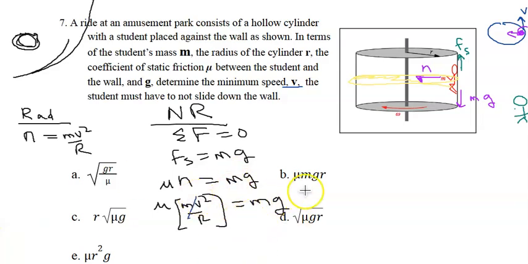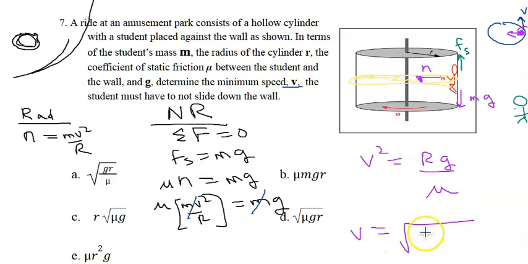Okay, and then mass cancels, which is great. So it doesn't matter if it's a little kid or a big person on the ride. We want to solve this for V. So we get V squared equals RG over mu. So V is the square root of GR over mu, which is option A.